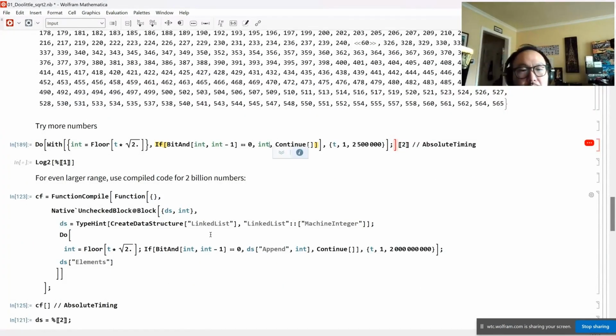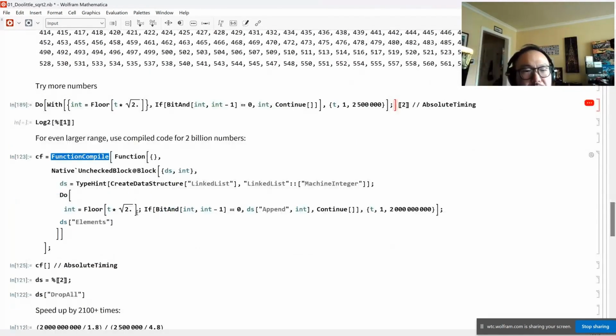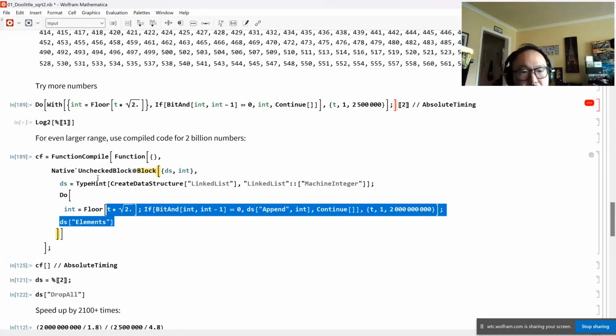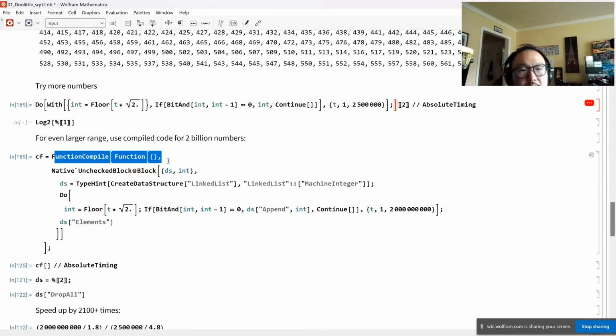I'm not going to show that, but to test more numbers, here I used the Compile function, from I think version 13, and I think it's getting better in later versions. So this is machine code level computation to find these powers of 2 to the n.